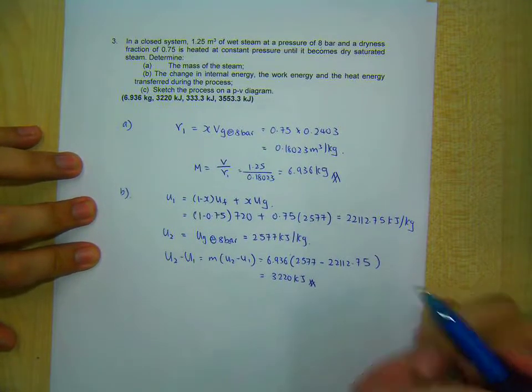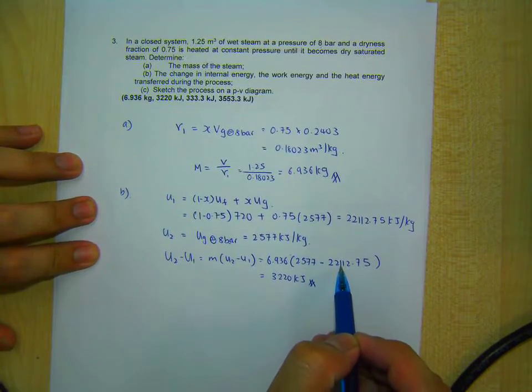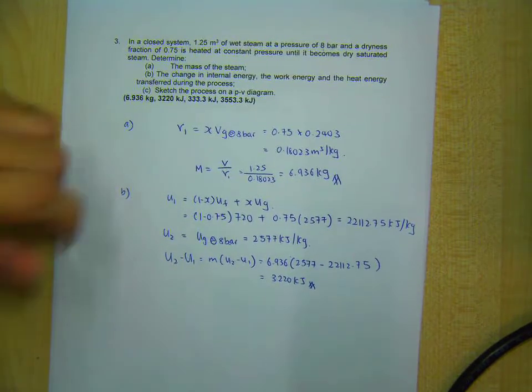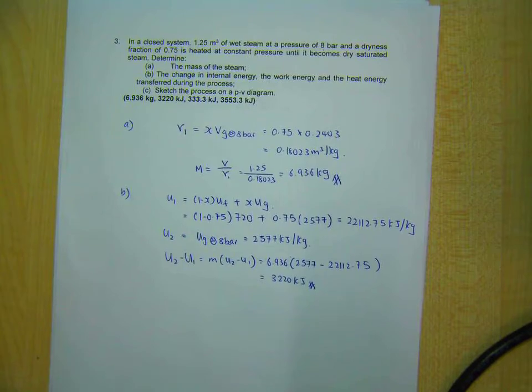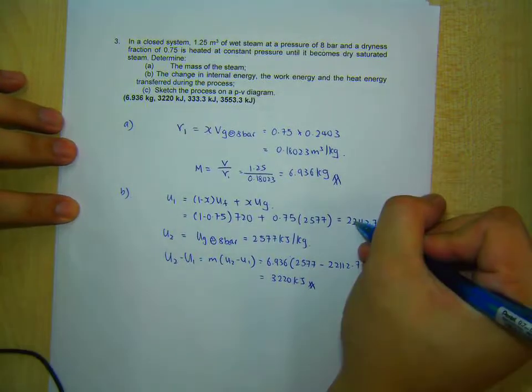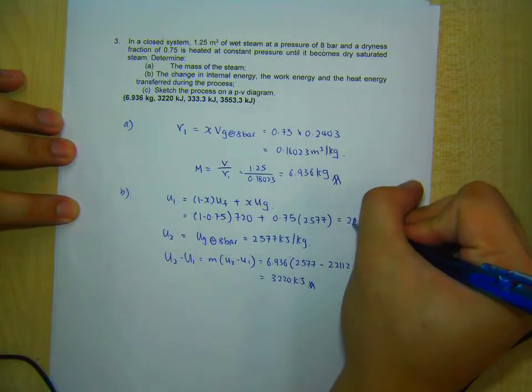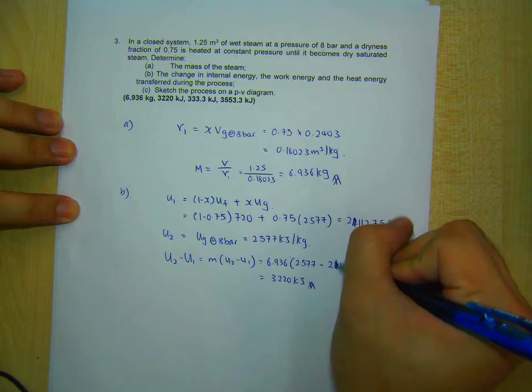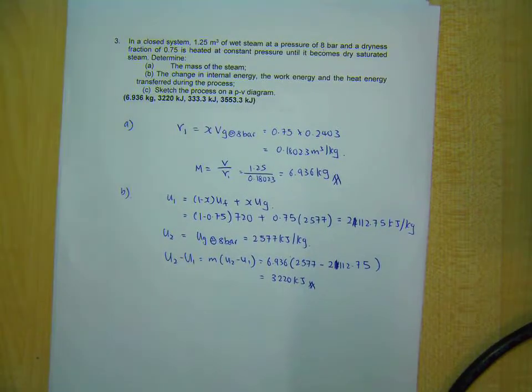Okay, I think there's some mistake in this value. Let me just give me a minute. Okay, it should be 2112. So this is our big U2 minus U1.